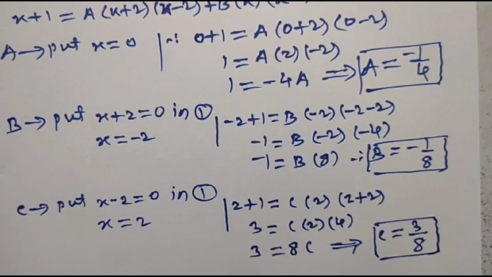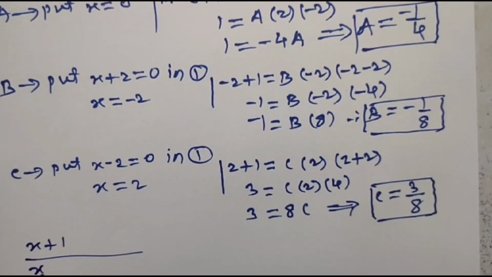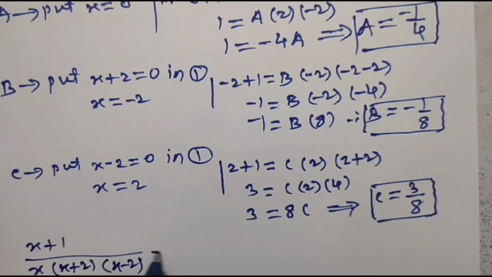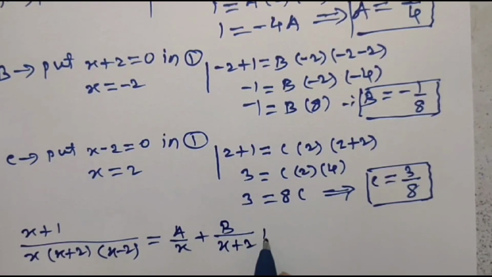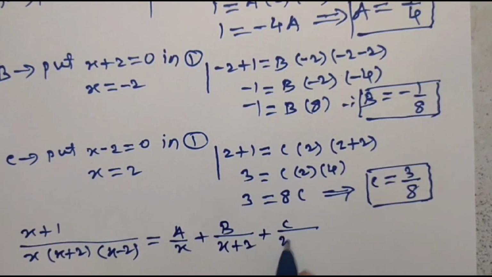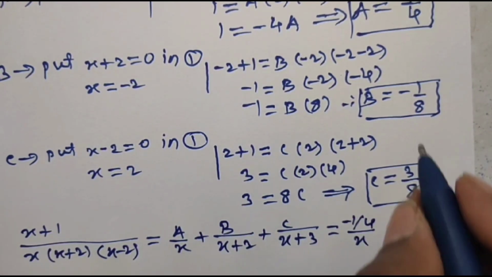Now putting values of arbitrary constants, partial fractions of given fraction, that is partial fractions of integrand, will be here x plus 1 divided by x into x plus 2 into x minus 2 is equal to, we can write a upon x plus b upon x plus 2 plus c upon x minus 2. But what is a? A is equal to minus 1 upon 4 upon x. What is b?